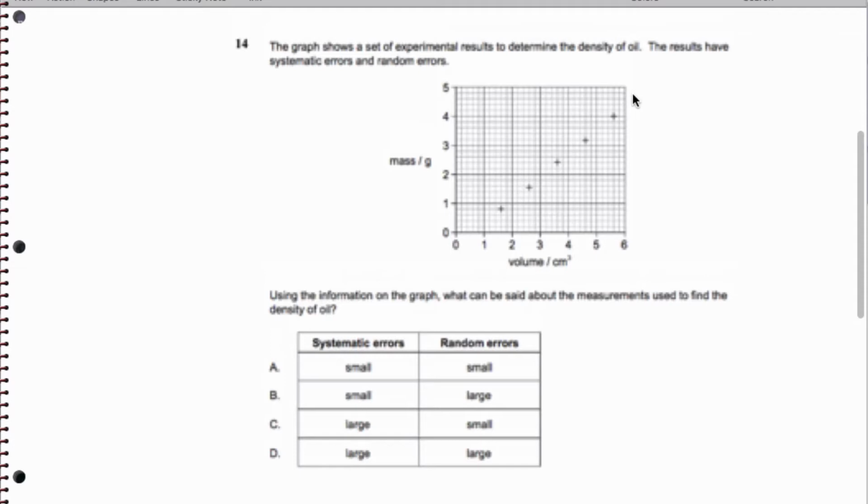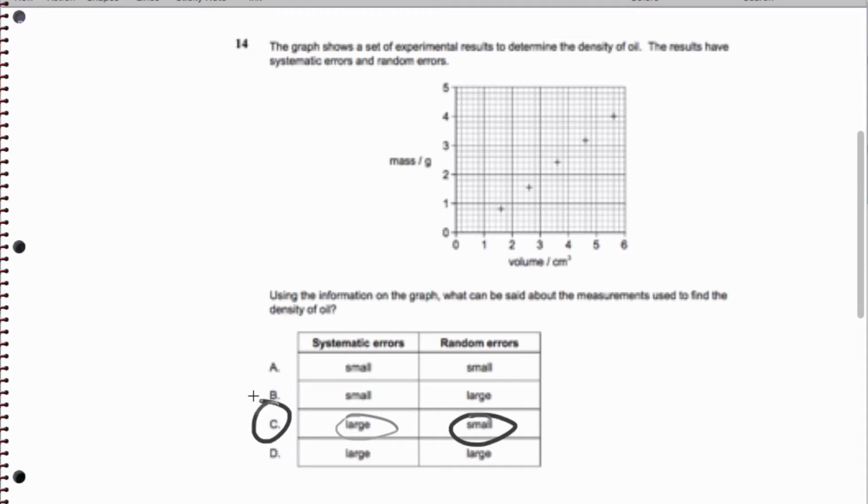Well, we would expect our line to kind of nicely connect at 0, 0, but we seem to have rather a large systematic error. But if you look at our random errors, it should be a nice linear plot, so we seem to have small random errors.